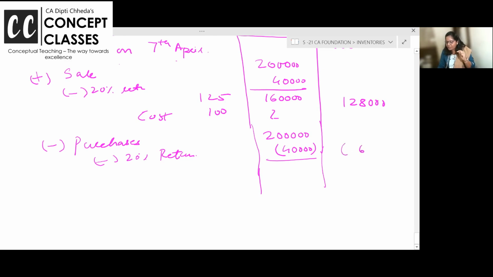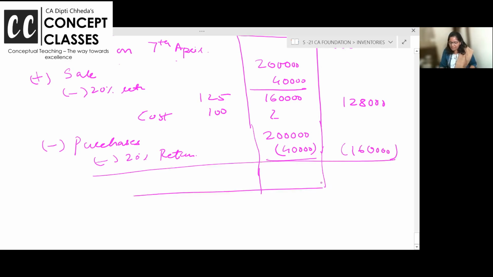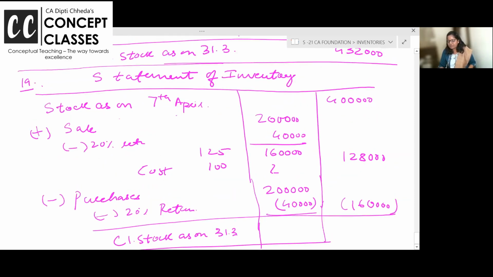But what will I do now? Minus 160. Now I will get the correct closing stock as on 31st of March.